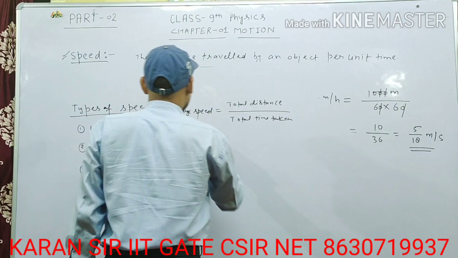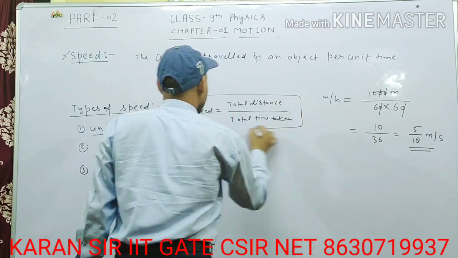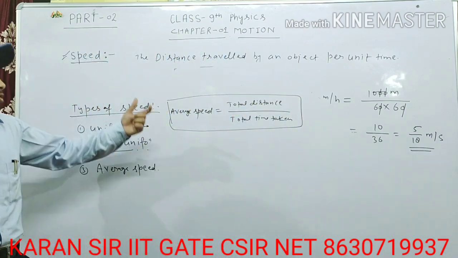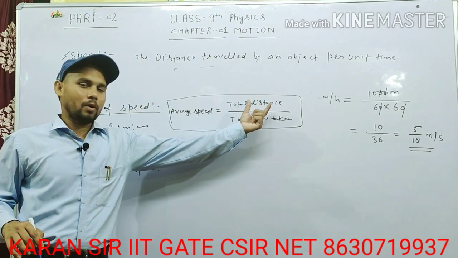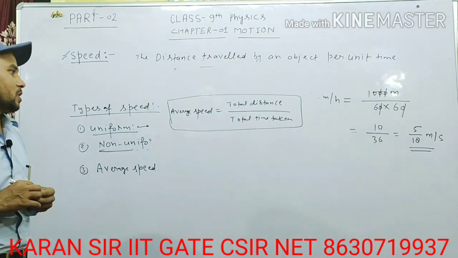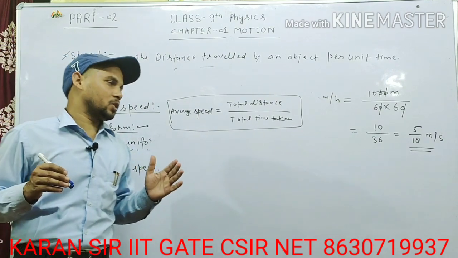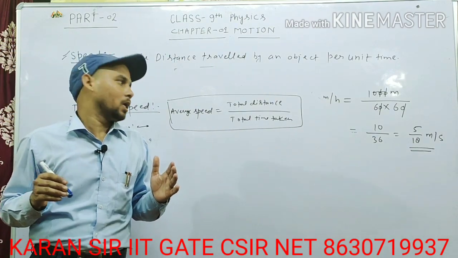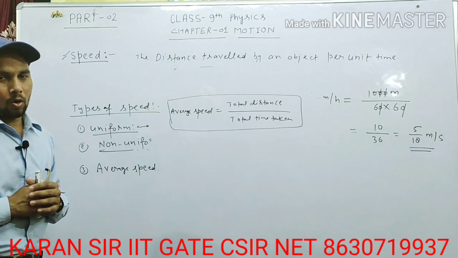Okay, so this is the formula for average speed. Understand? Or we can say that average speed is the ratio of the total distance covered by an object to the total time taken by the object.